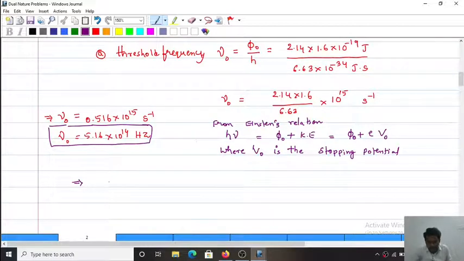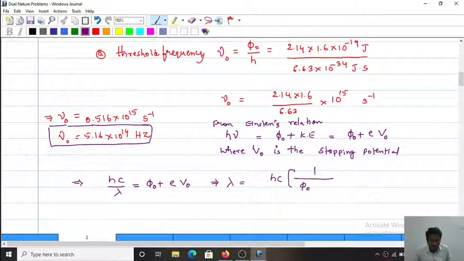So we can write hc by lambda equals phi naught plus eV naught, where lambda equals hc into 1 divided by phi naught plus eV naught.